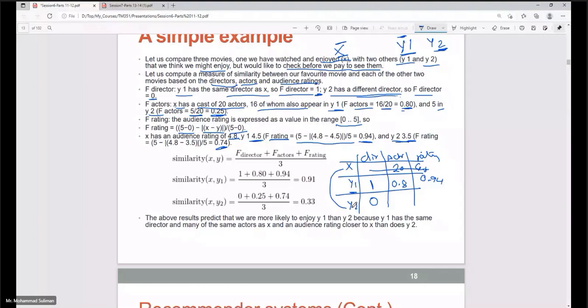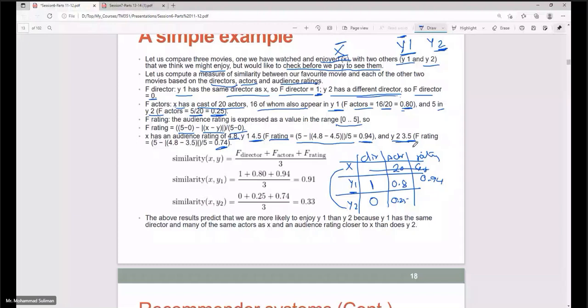And the rating of Y2 is 3.5, so we apply 5 minus 0, minus the absolute of 4.8 minus 3.5, divided by 5, which is 0.74. So these are the values in comparison with movie X with respect to the director factor, the actor factor and the rating factor.